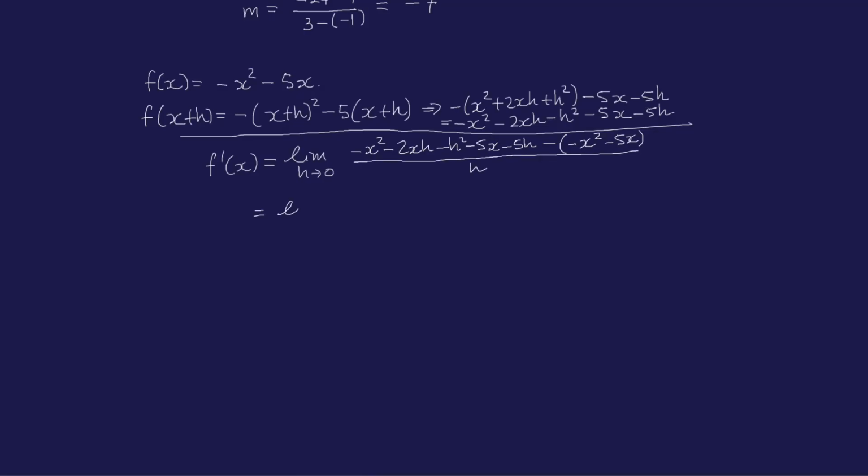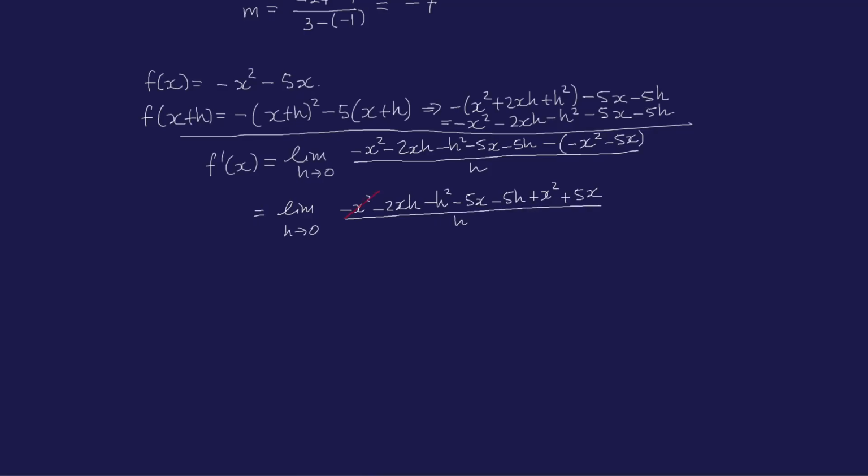So now we'll say that the limit as h approaches 0, now we can simplify a bit. So minus x squared minus 2xh minus h squared minus 5x minus 5h plus x squared plus 5x divided by h.